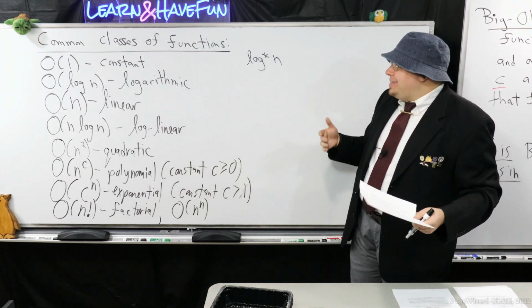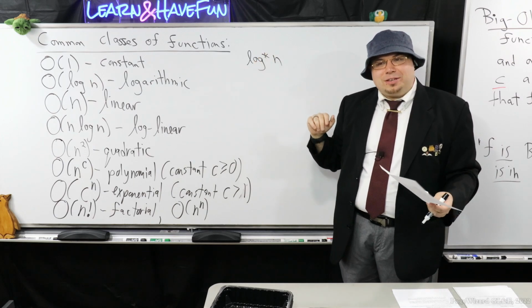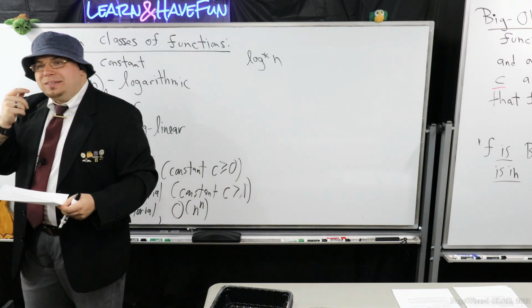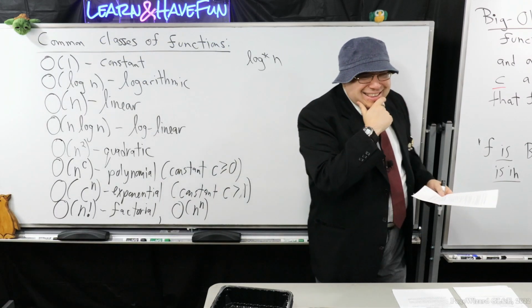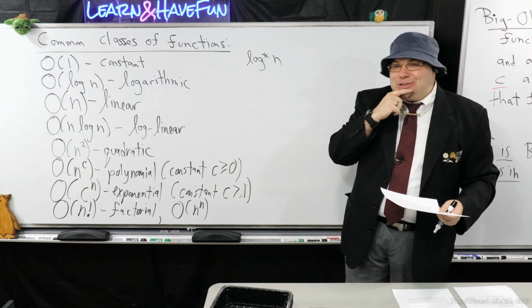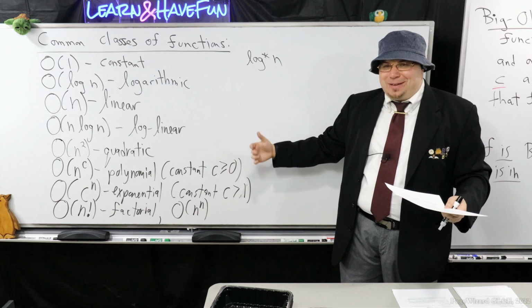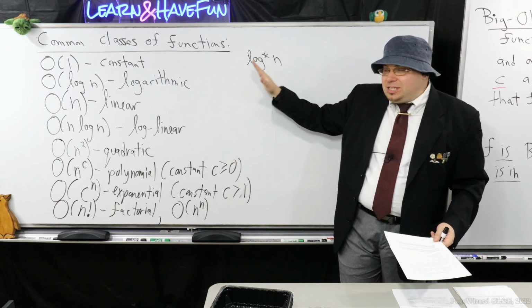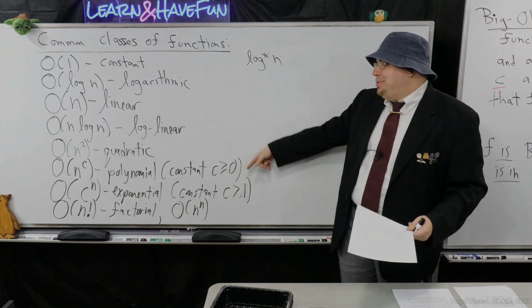Things like the inverse Ackermann function or log star appear in some data structure analyses, such as disjoint sets. But they're not as common as these ones. That's why I'm focusing on these. There are a lot more categories out there than just these, but these are the ones that if you talk to anybody in computer science, most people will know about.